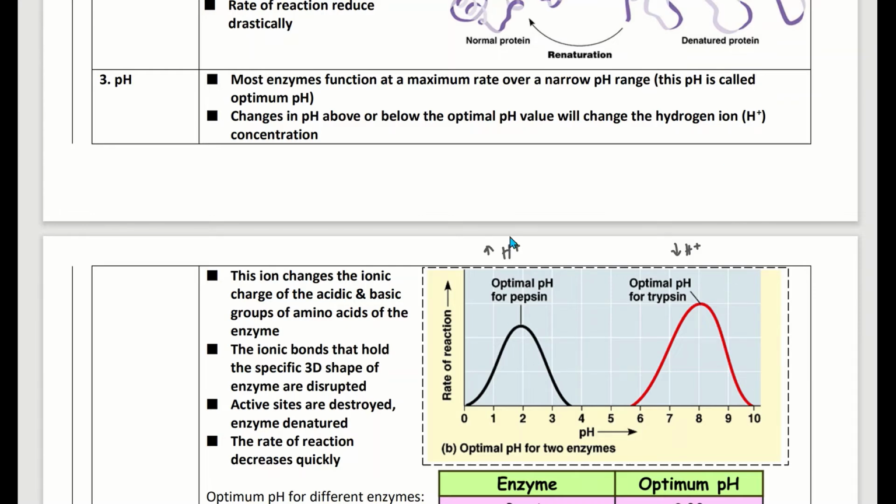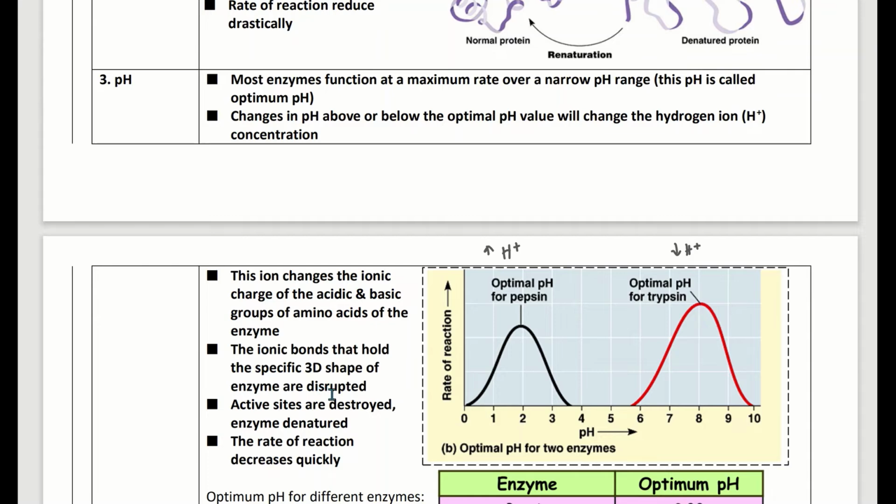Okay, so bila the ion changes, the hydrogen ion ni will change the ionic charge of acidic and basic group of amino acid of the enzyme. Okay, so kita tahulah enzyme ni ada acidic group dengan basic group. So kalau kita ubah dia masuk dekat kawasan yang lain, kawasan yang pH dia lain, akan tukar dia punya ionic charge acidic and basic group.